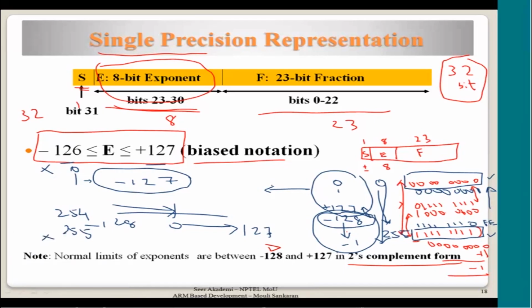So you do a minus 127 and see what we get. You get minus 126. Then I have another unsigned number, 254. If I do minus 127 here also, what do I get? Plus 127.